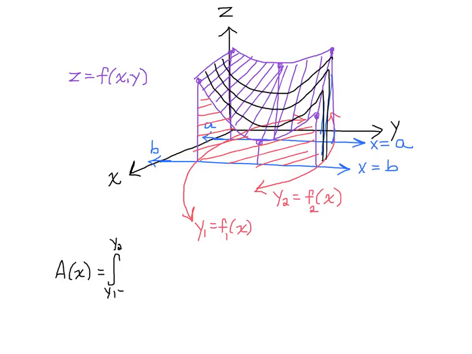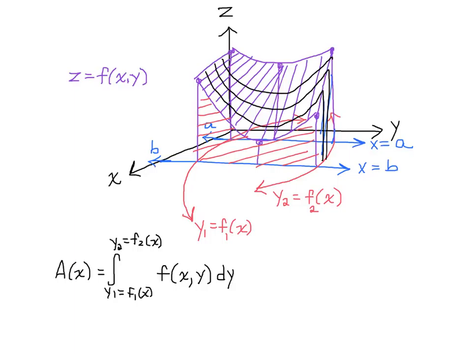You could say y equals f sub 1 of x to f sub 2 of x. And our integrand, in fact, is the function z, or f of xy. And our variable of integration is y.